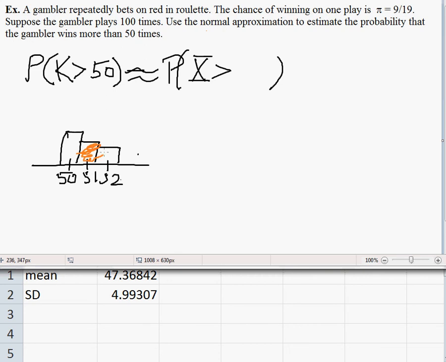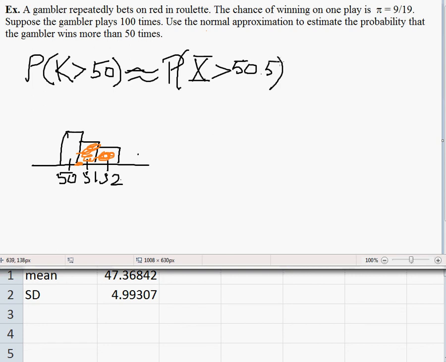So this rectangle and this rectangle, but I don't shade the rectangle on 50. So the cutoff is going to be right here at 50.5. So I need to convert 50.5 into standard units.